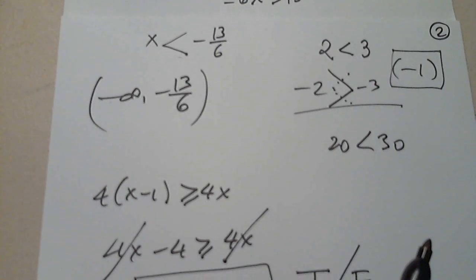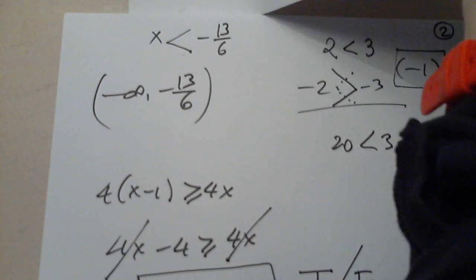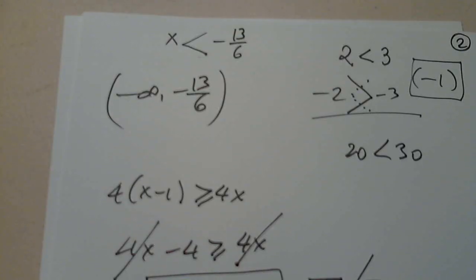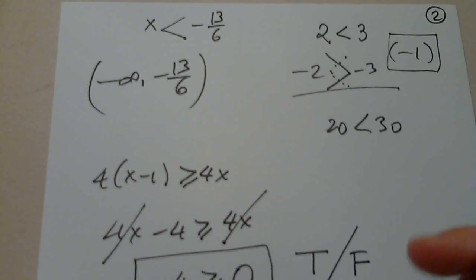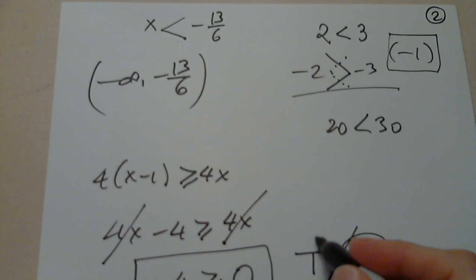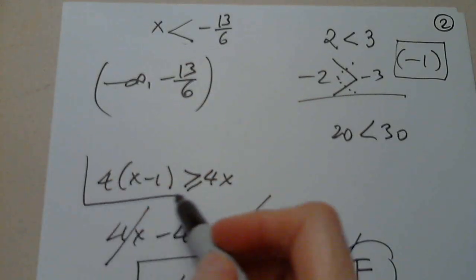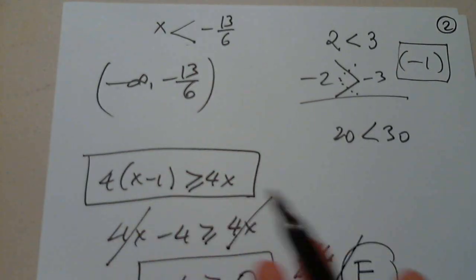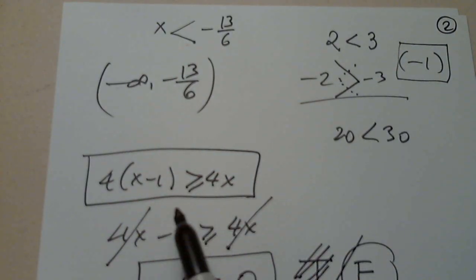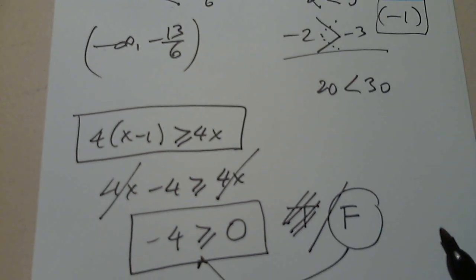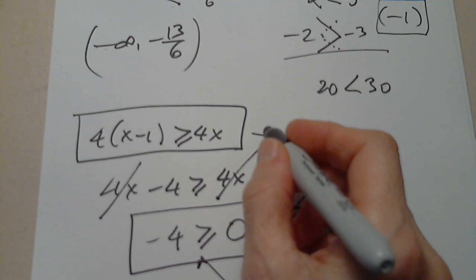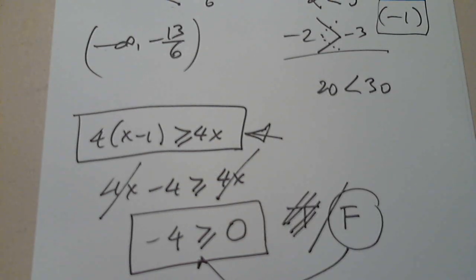Let's decide. False. It is a false statement. Therefore, what do we conclude about this inequality? We did not get any x values, and furthermore, we got a statement that we can never accept. What will we say about this inequality?